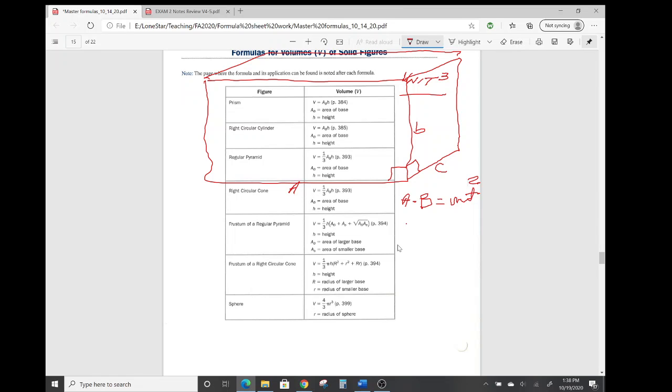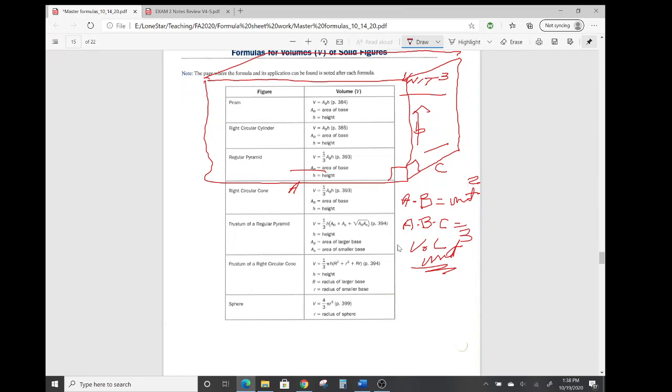So we would take now A times B times C, and that equals our volume in some kind of units cubed, right? Because we have these units times these units times these units, right?